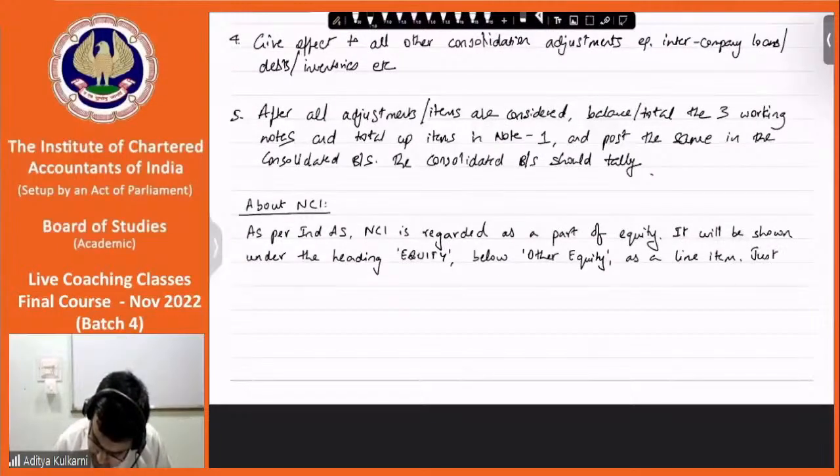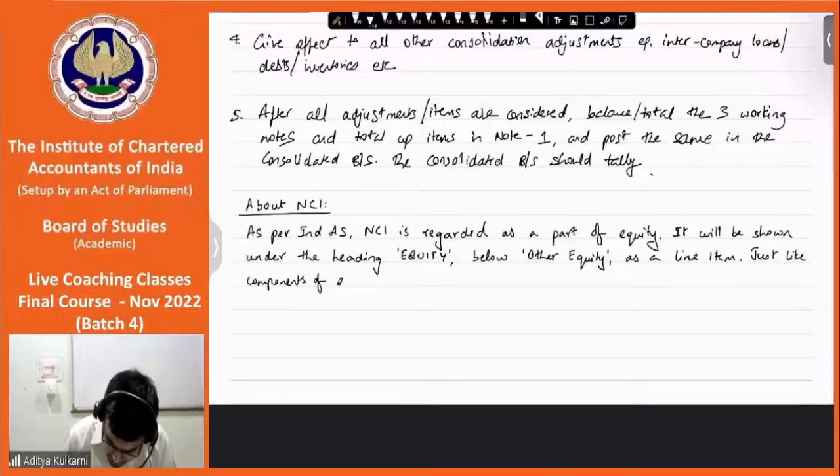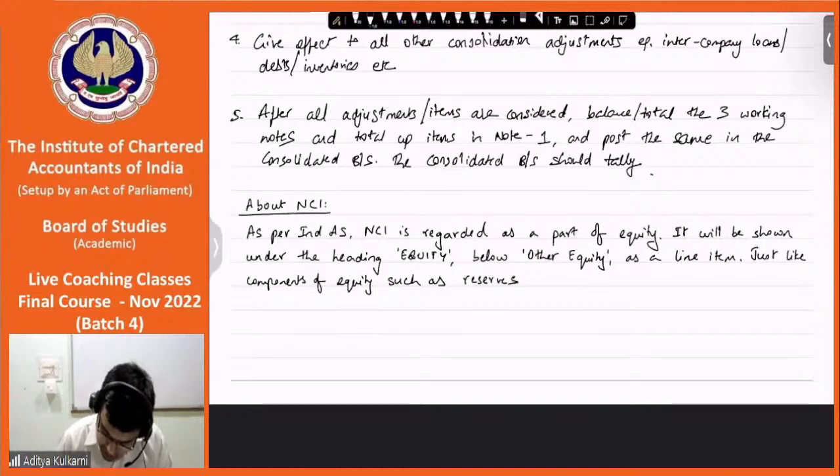Just like components of equity such as reserves can be negative, you can write in brackets even net worth can be negative.